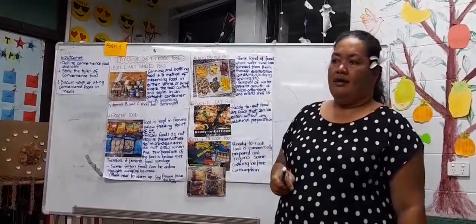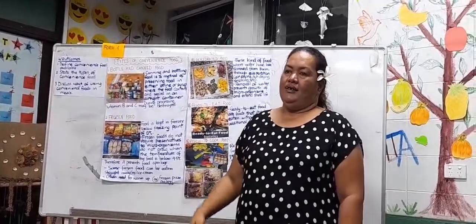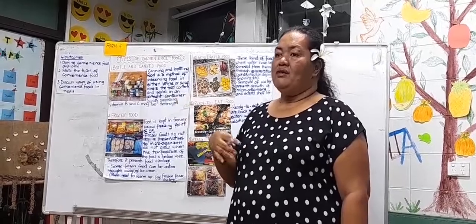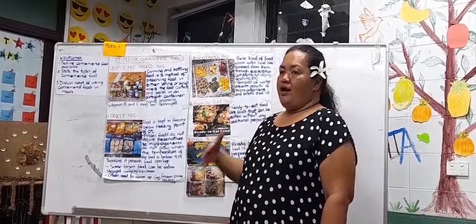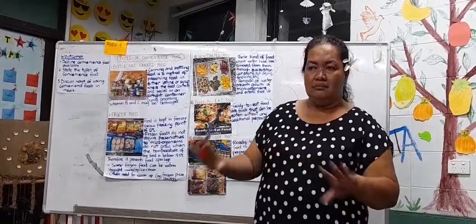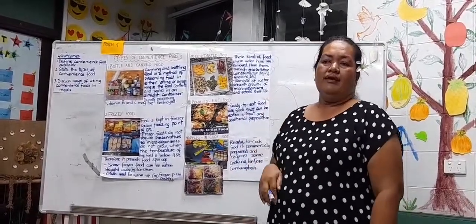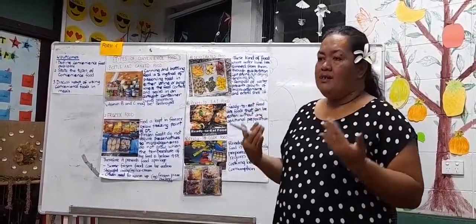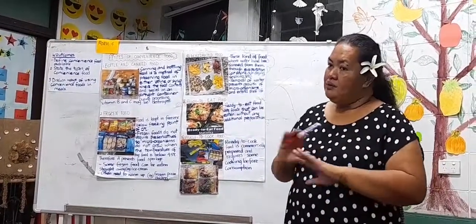However, some nutrients and flavors may be lost, that I shared with you before, during the process of bottling, canning, and drying. During this processing, they lost some of the vitamins, the nutrients. And therefore, it is best to use convenience food together with fresh food to make a dish more nutritious.